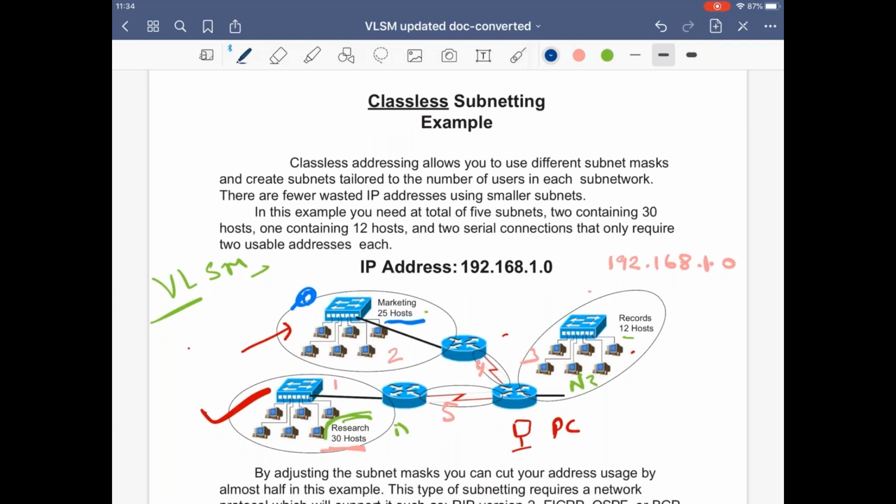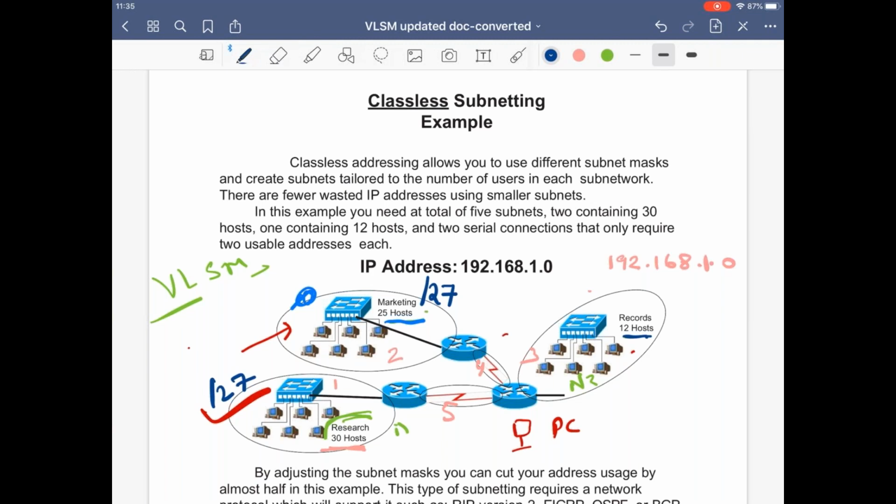So we have done for 30, /27, and for 25, /27. Now the third biggest requirement is 12 hosts. We need to find out for 12 hosts.